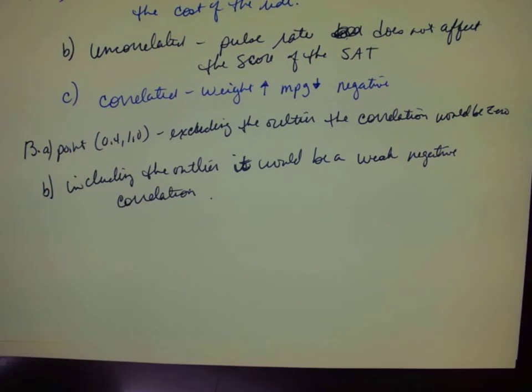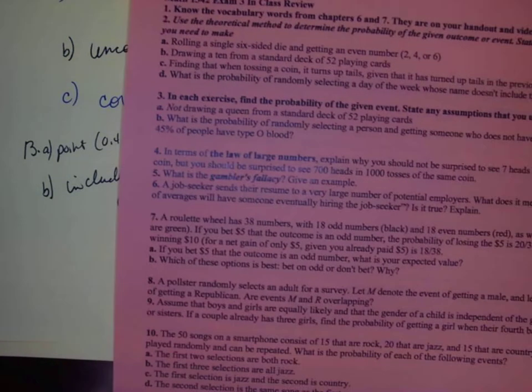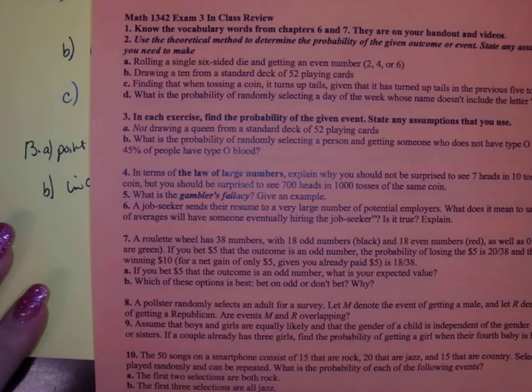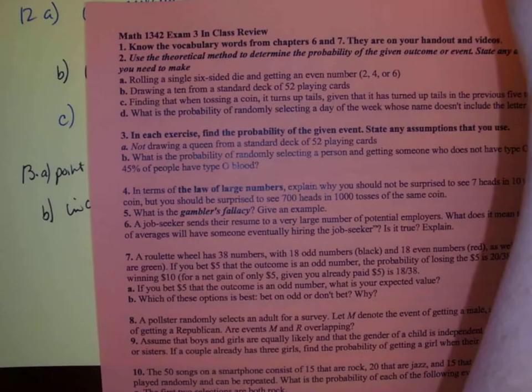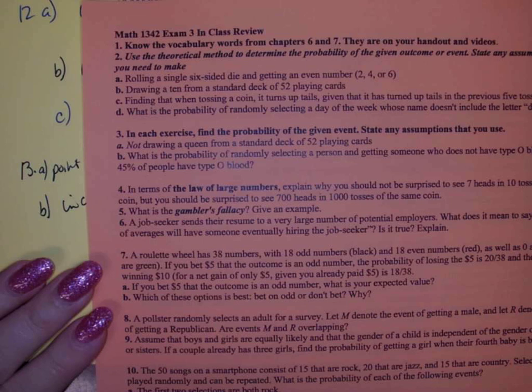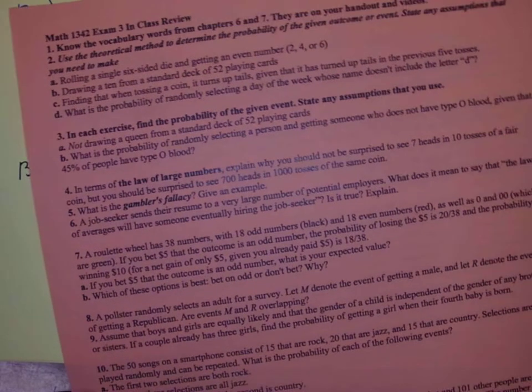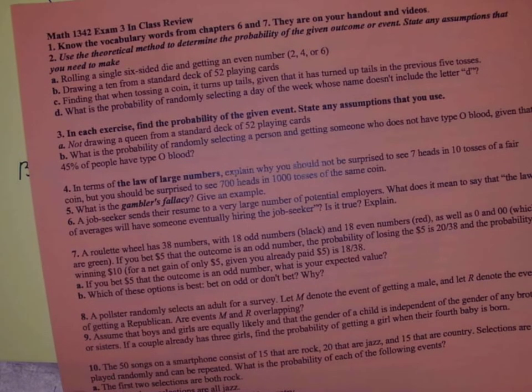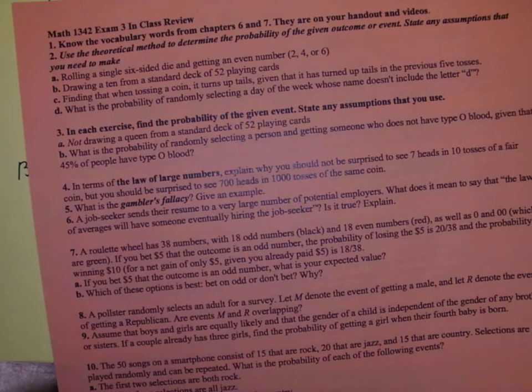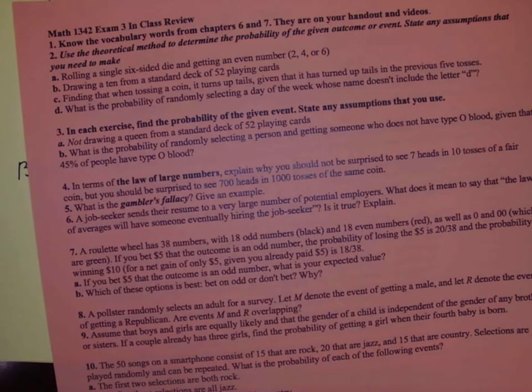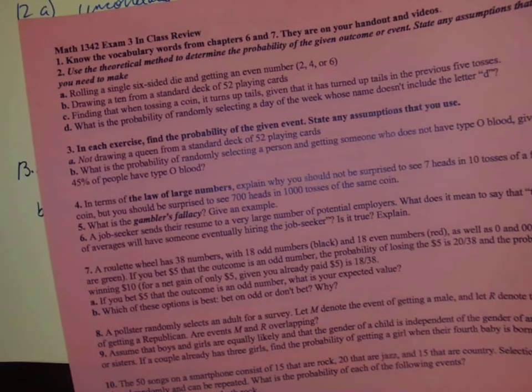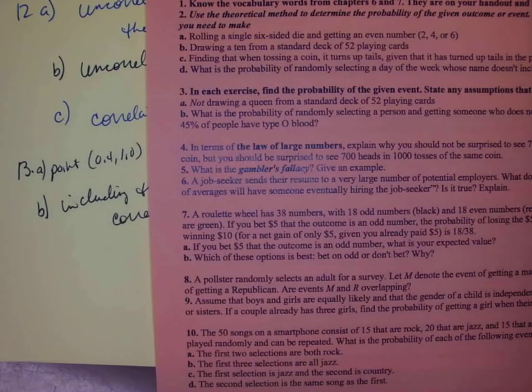All right, and I know you've had practice finding the correlation using your calculators or the Desmos.com site in the activity and in your homework. All right, so make sure you study and know what's on this exam, that you can figure out how to do all the problems so that you can have a good exam grade.